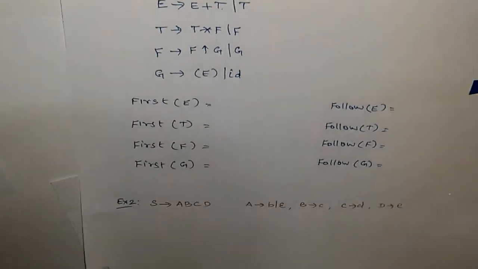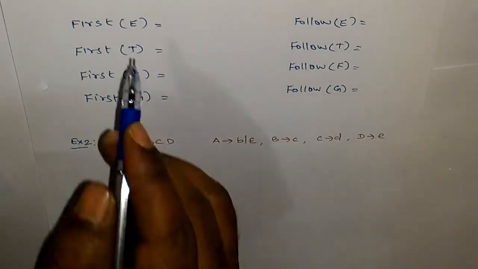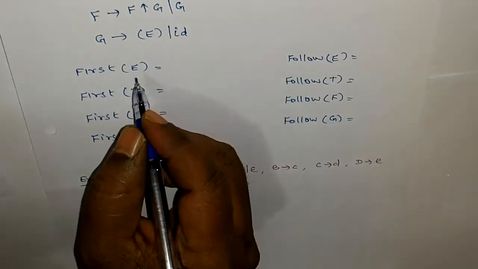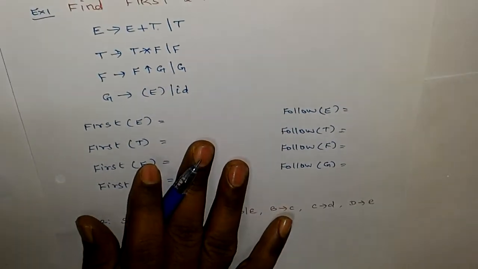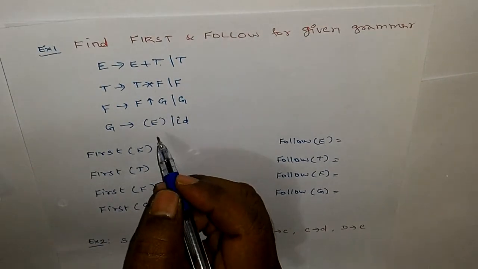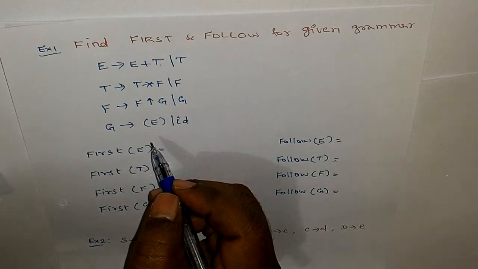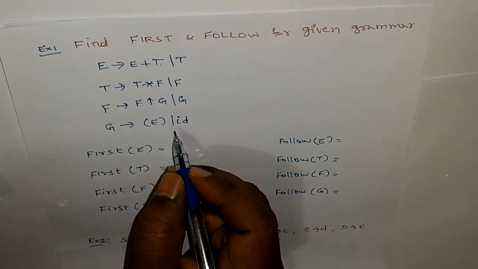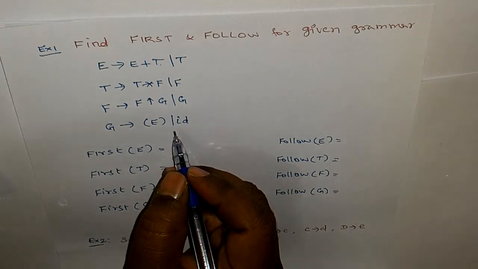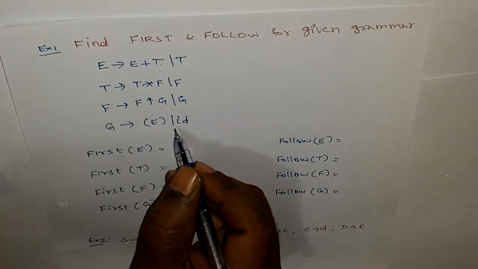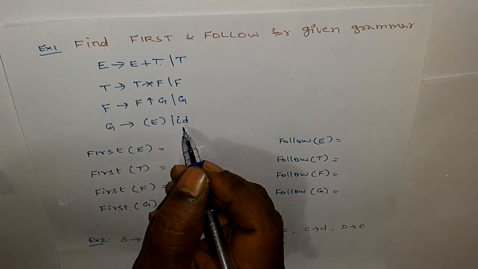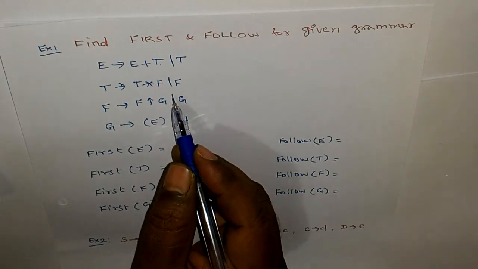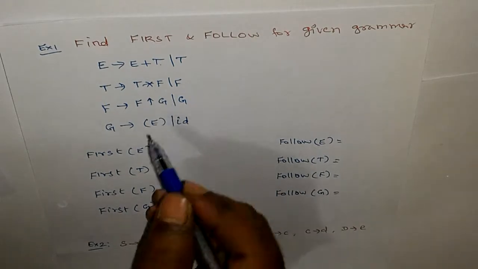So now first of E, E is the root variable. Here one of the things is, for finding the first, if we start from the variable which is having the terminals, it will provide a convenient method to find the first of the remaining variables.